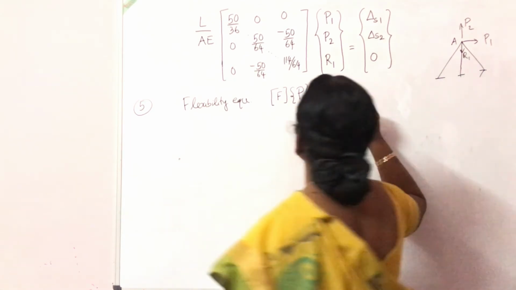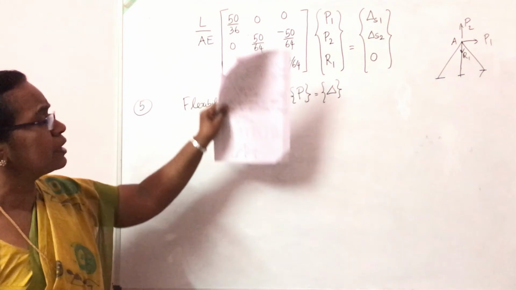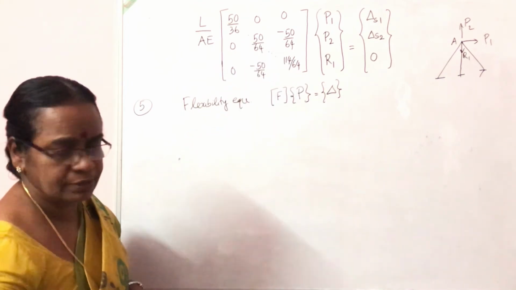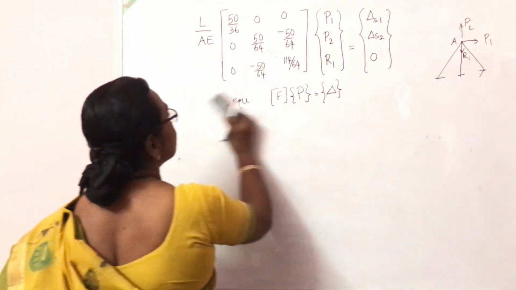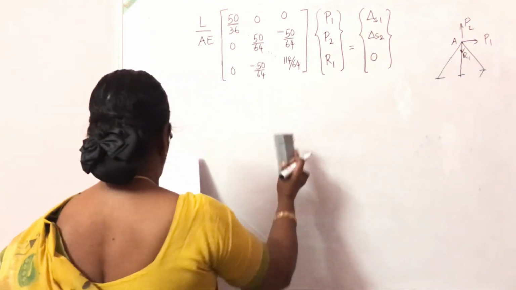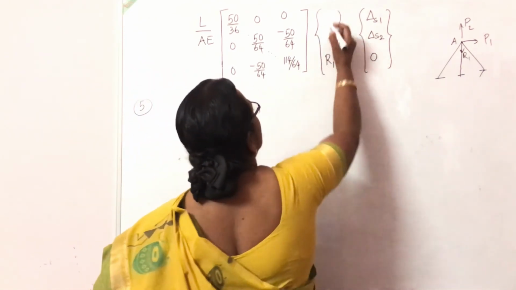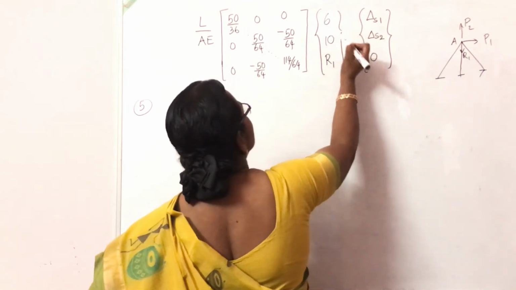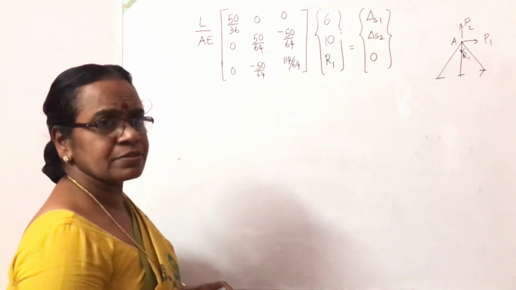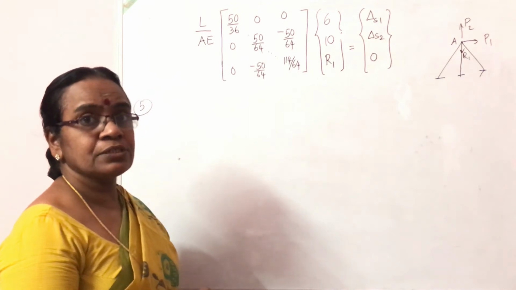Now I have to solve these equations. Considering this equation, P1 is 6 and P2 is 10. R1 is the unknown. So the first step is we have to get R1.